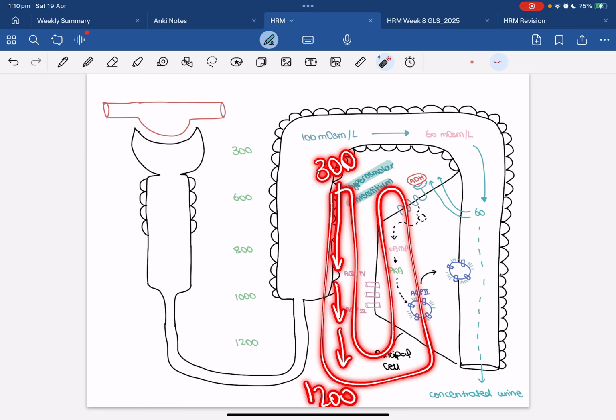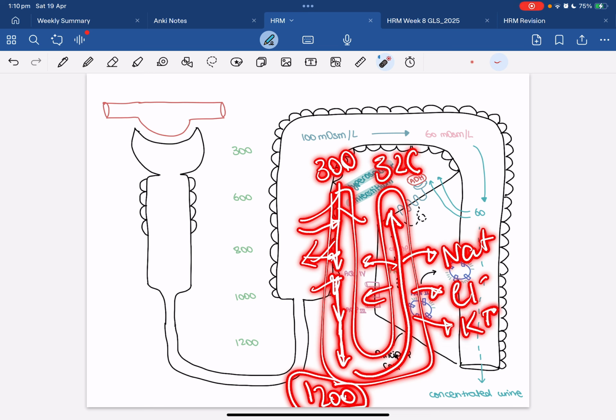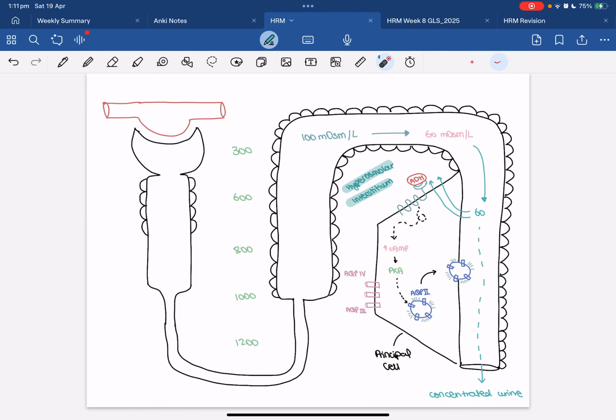If it continued straight down, we would lose a lot of solute, because here it's reabsorbing solutes and getting rid of water, so we're getting more concentrated. But as we move up the loop, it starts to get rid of those specific solutes like sodium, chlorine and potassium, and at the end you end up with 325 milliosmoles. So you're not gaining much, and it's a very slow, slow and steady blood flow.